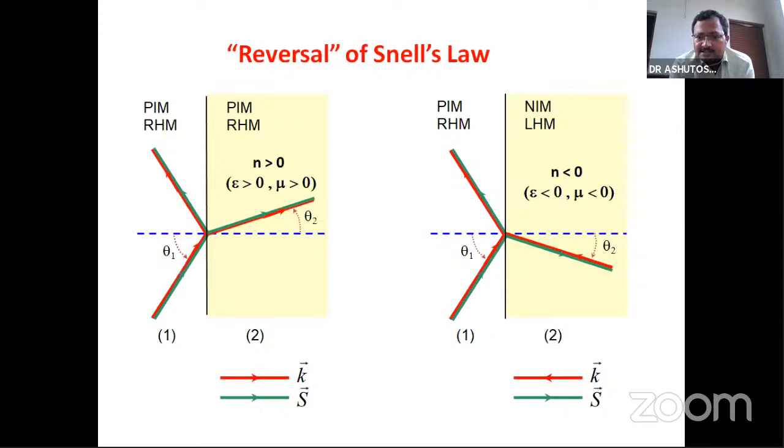Here you can see that if the second medium is a negative index medium, then Snell's law gets reversed. The angle of refraction, which was earlier in one direction in the positive medium, gets reversed to the other direction, and we can see that.